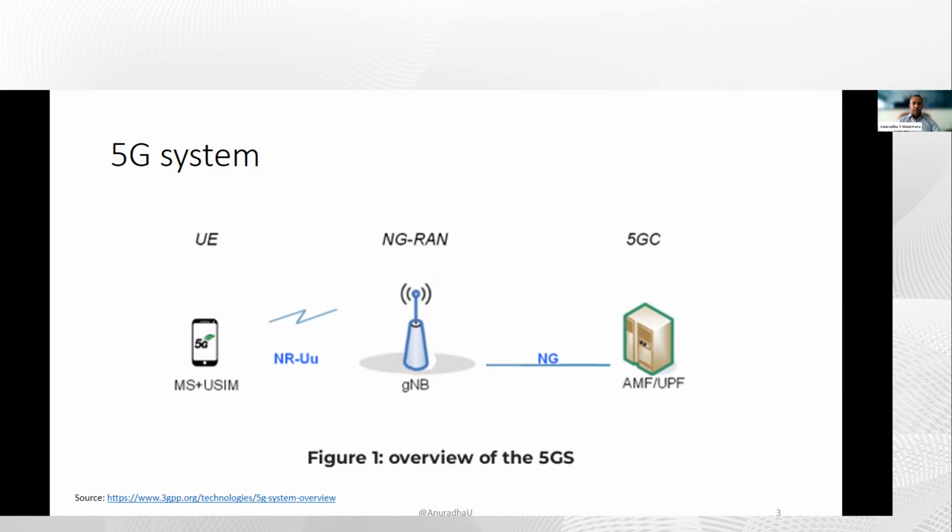What you see between the gNodeB and the 5G core is the reference point defined by 3GPP, which is the NG reference point. This is where most of the transport is involved, between the gNodeB and the core, depending on how you want to construct your gNodeB and what level you are going to disaggregate the different components in your radio access network.